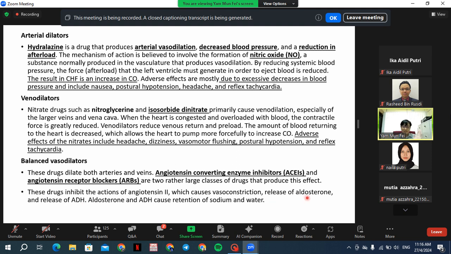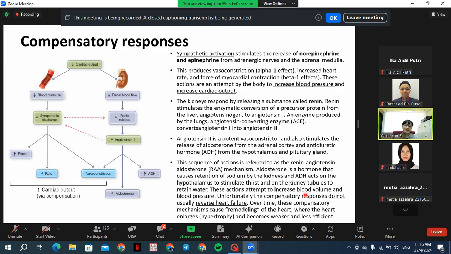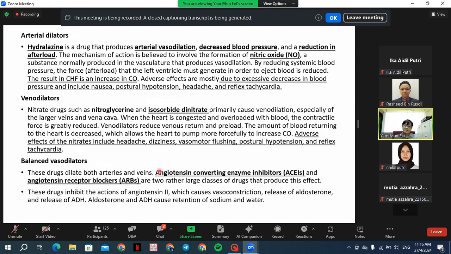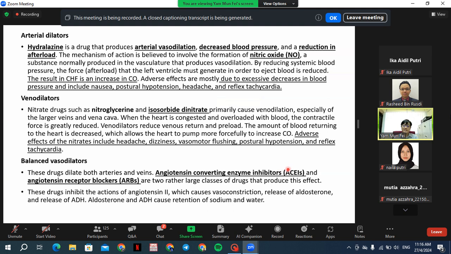Still remember, we discussed this: angiotensin 2 increases aldosterone and ADH. So when you have ACE inhibitors and ARBs, you reduce your angiotensin 2.